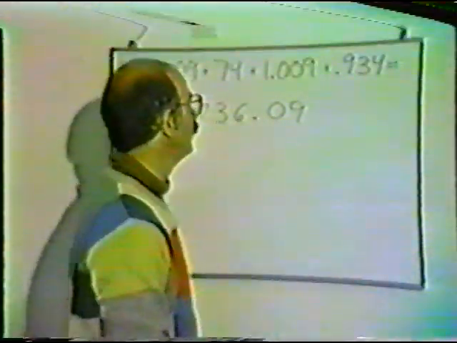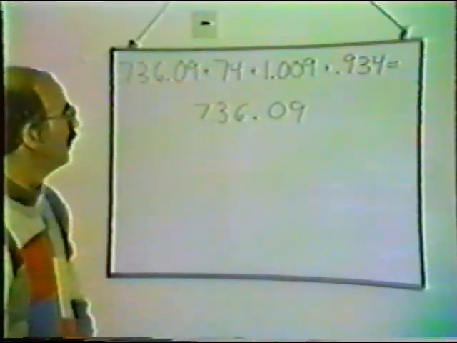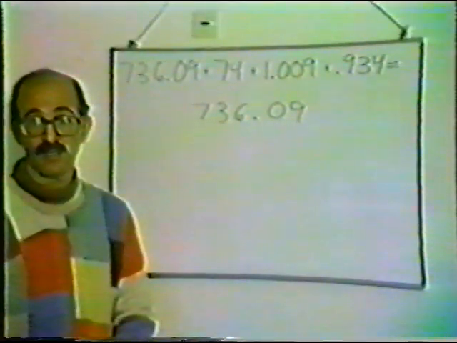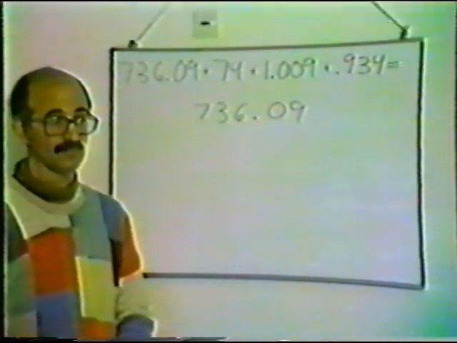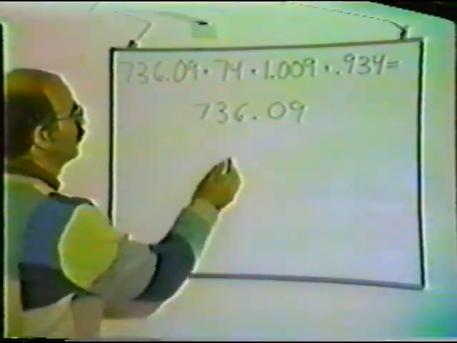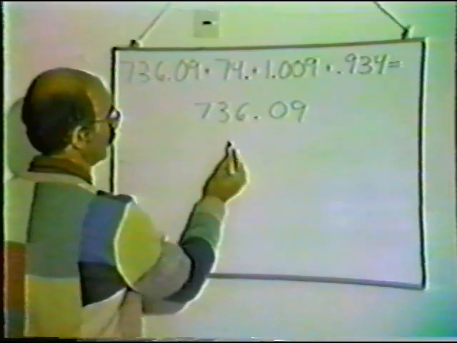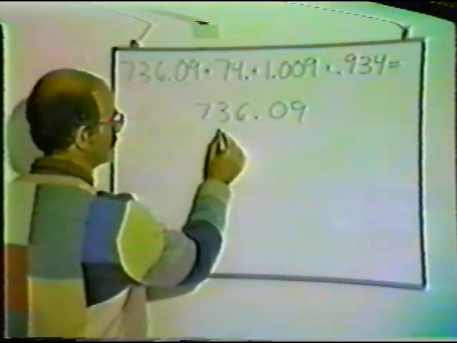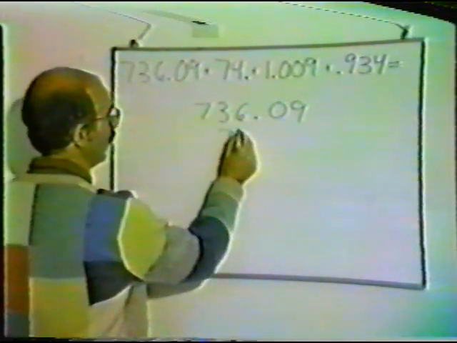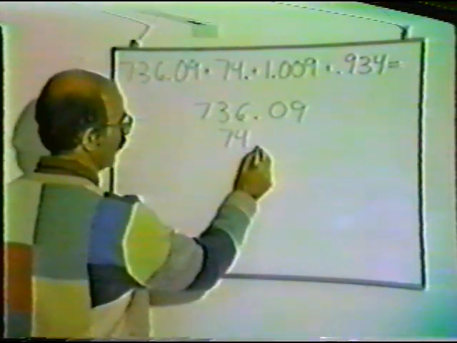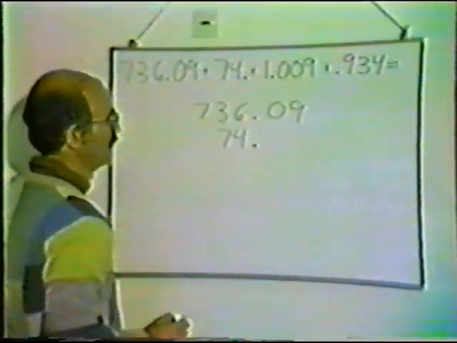What can we do with this number? Where would the decimal point be if there were one? On the right. On the right at the end of the number. Because 74 is 7 tens and 4 ones, and we'll put the decimal point in.